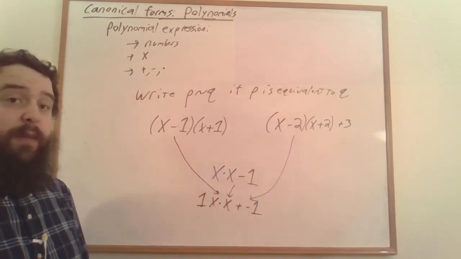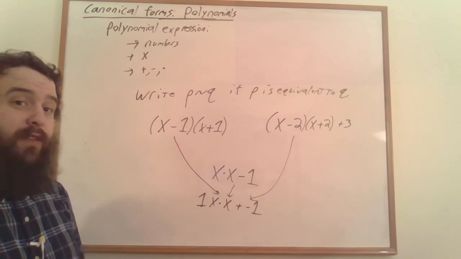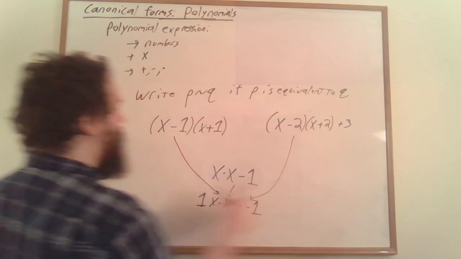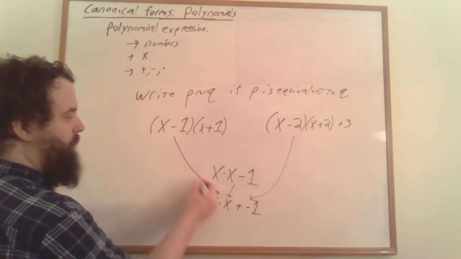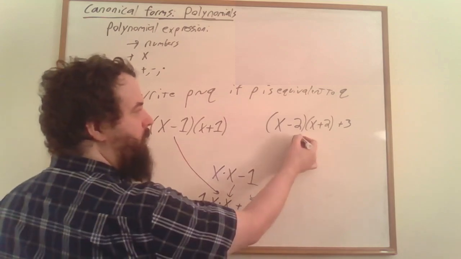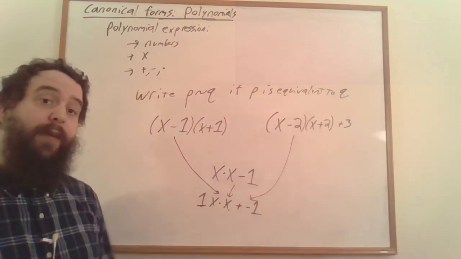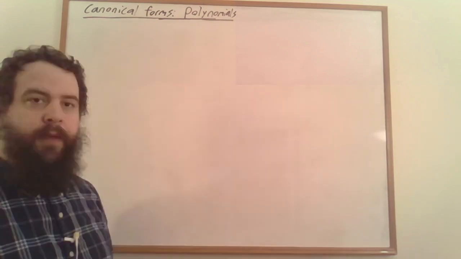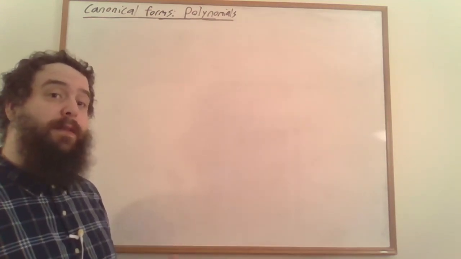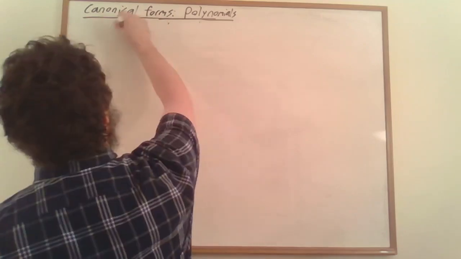We just have to make sure that all of these steps are reversible, so that if we wanted to get from this form to this form, we could follow all of these steps to get to the canonical form, and then follow all of these steps backwards to get to this form. And that will complete the proof. Let's get started by formally defining what we mean to be a polynomial expression in canonical form.